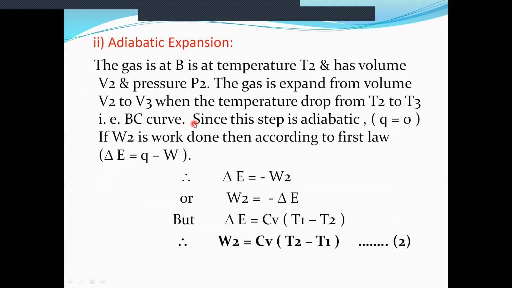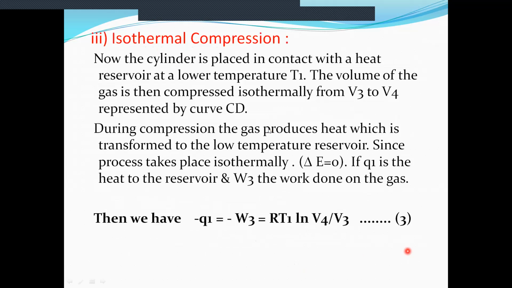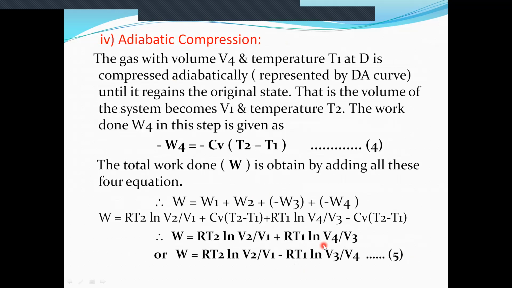Now we have obtained work done in adiabatic expansion, second step, that is W2, and we call this equation number 2. In isothermal compression, again we have to obtain work done, denoted by W3, we call this equation 3.